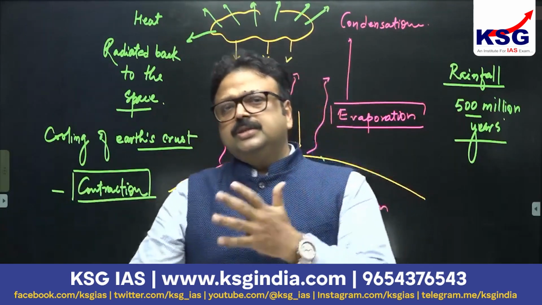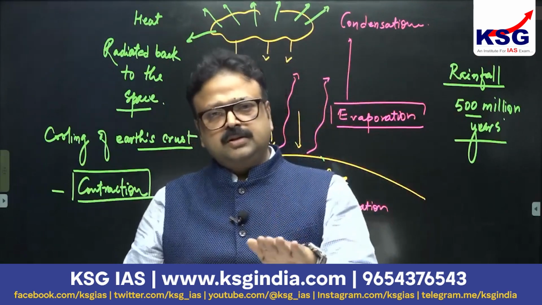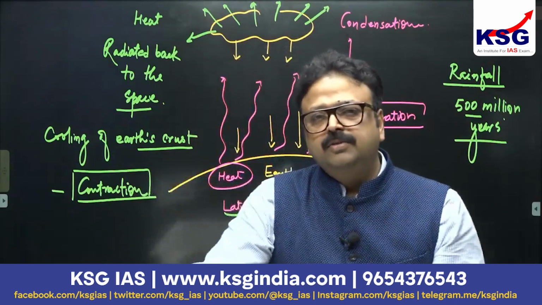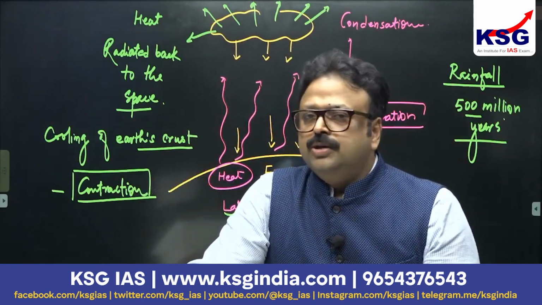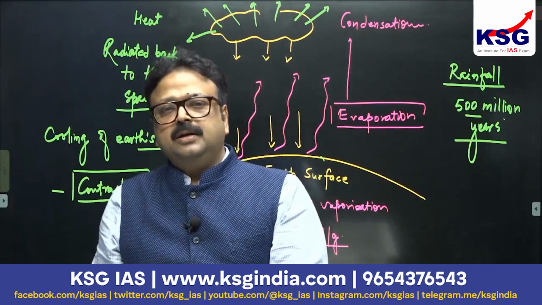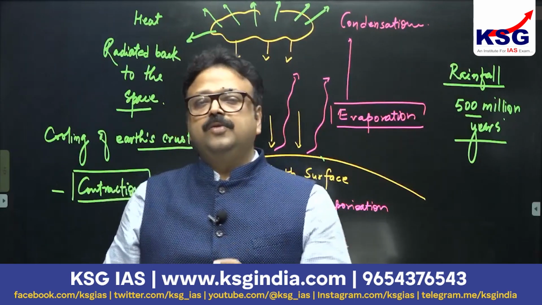And due to this contraction, some part of the earth gets elevated and some part of the earth gets depressed. The depressed part has created first order landform that we call ocean basins, while the elevated part is called continents.